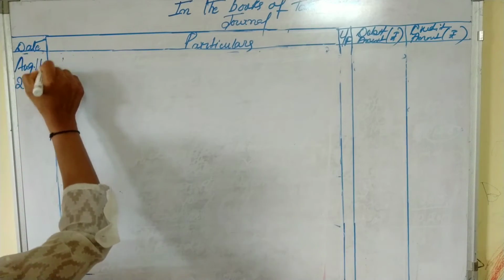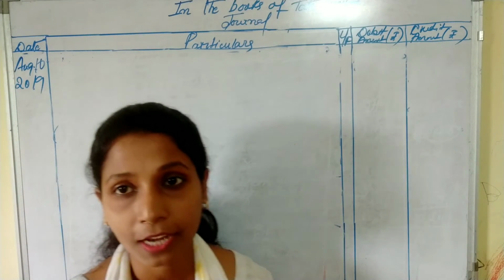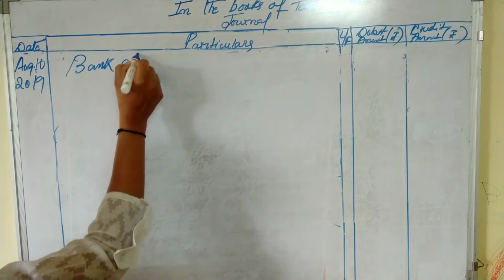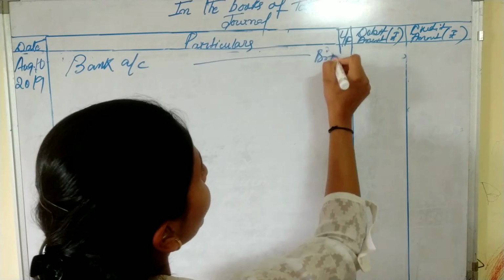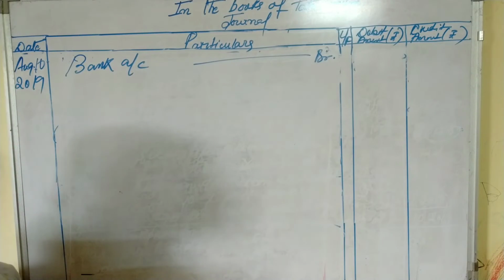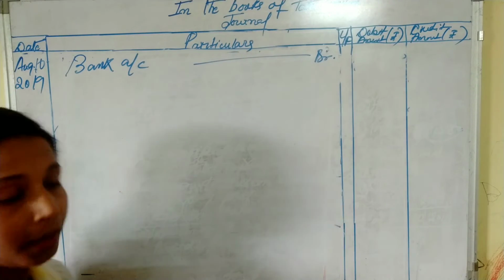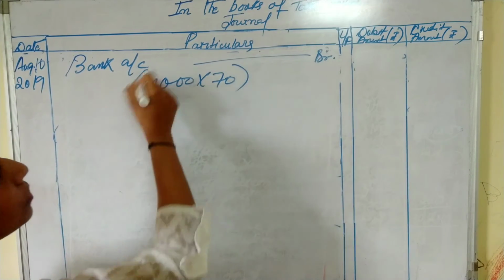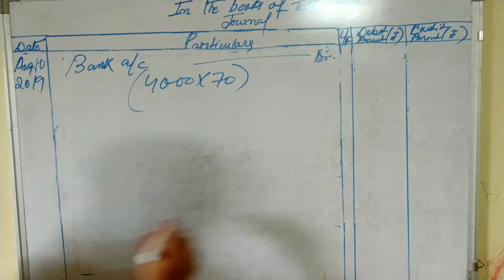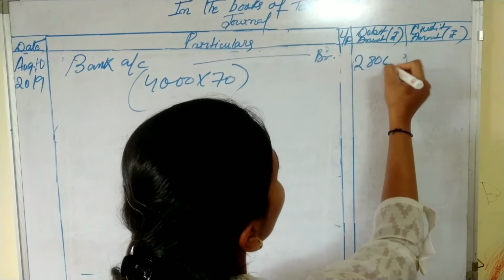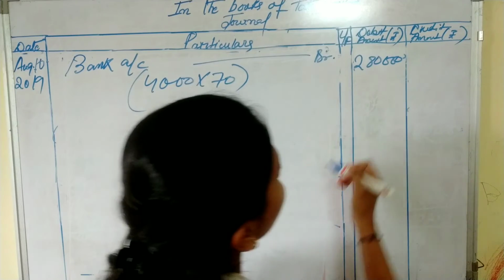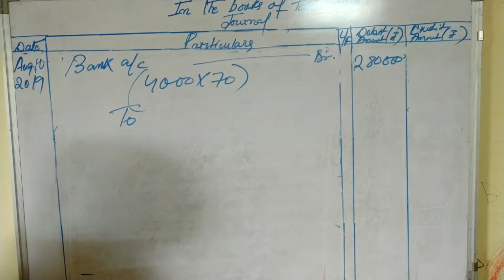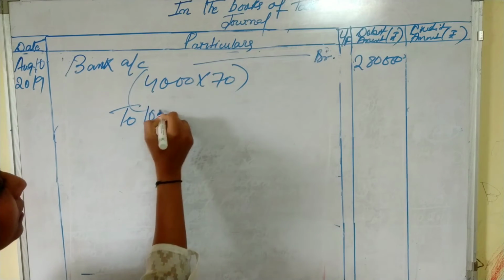So we will write in the date columns August 10. Now the company will receive the allotment money, bank account debit. In the question it is said that the whole amount is received by the company, that is 4,000 into 70, 2,80,000. Now this amount is received as against share allotment.